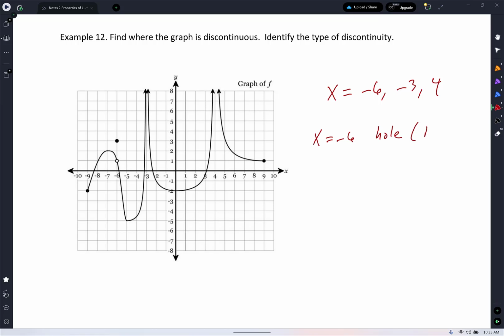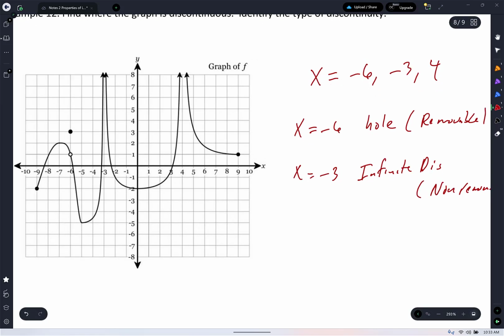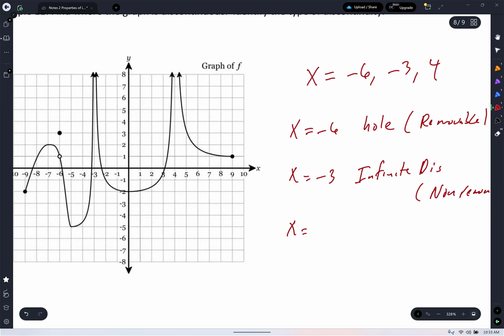Hole, and that is removable. What about at -3, guys? What did that one call? Start with letter I. Infinite. Infinite discontinuity, and that is non-removable. And I got another one. Where's the last one at? And what is that? Another infinite.